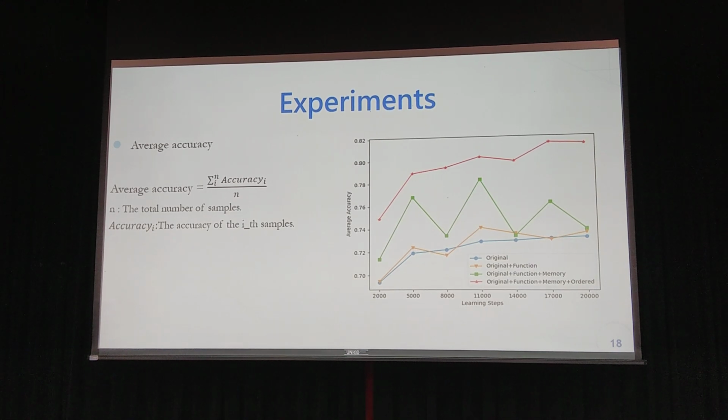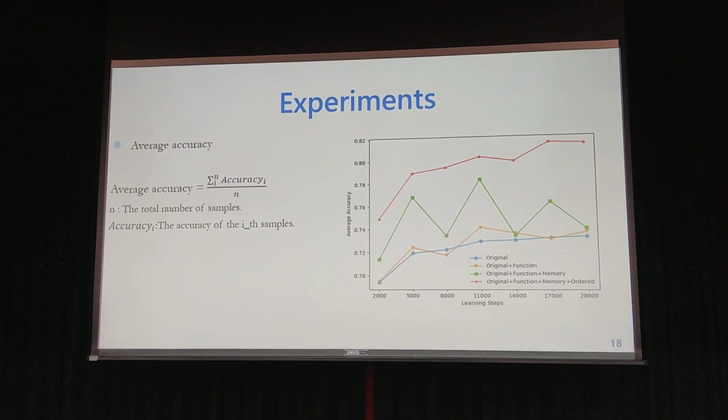The blue line is the original dataset with no other method, the orange line adds the function method, the green line adds the memory method, and the red line has the three methods together. We can see the red line presents the result where all three methods are used, which performs better and is more suitable, because we have 1,000 questions for this experiment.